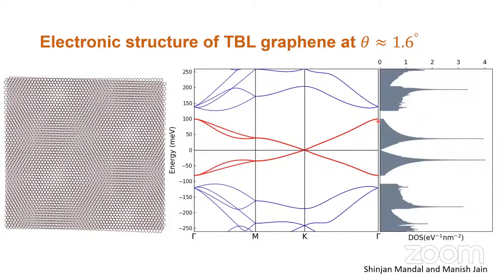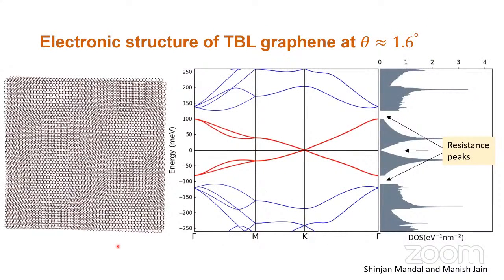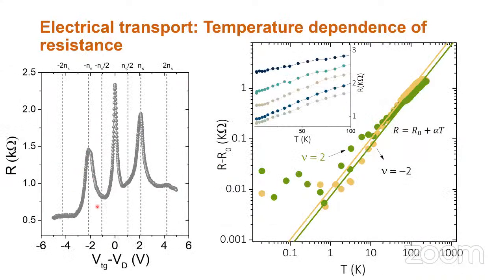You can see the density of states goes to 0 at this point as well as at these 2 points, and as a result you get high resistances at these points. And you can see that this is indeed the case. As a function of gate voltage, as the Fermi energy is swept across these energies, you get 3 peaks. These 3 peaks correspond to the full filling of the Moiré band, the charge neutrality point, and the full filling of the Moiré band from the valence band side.